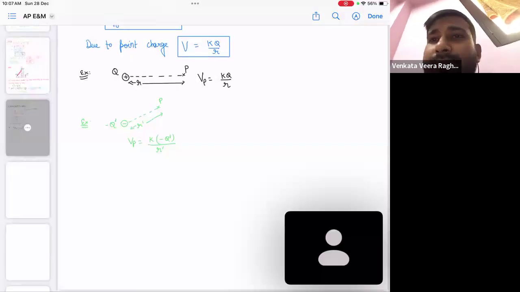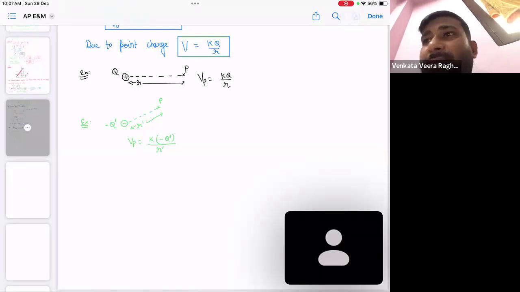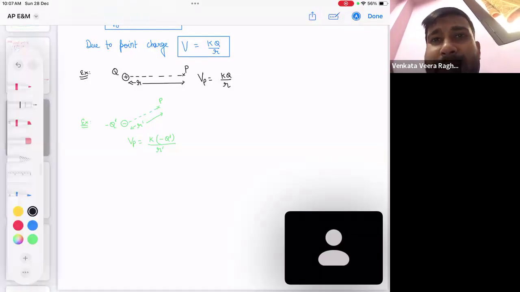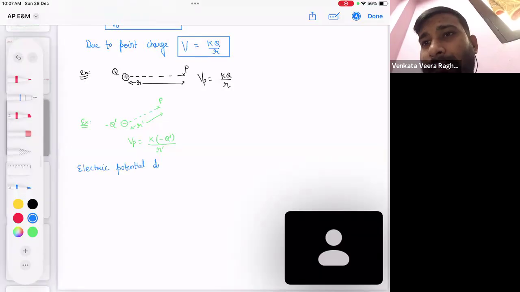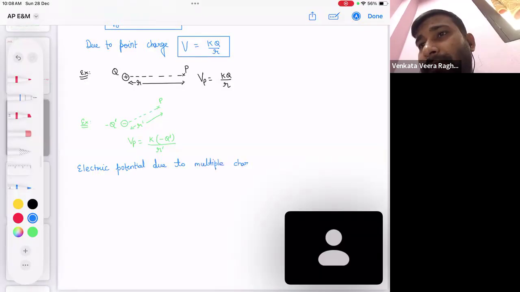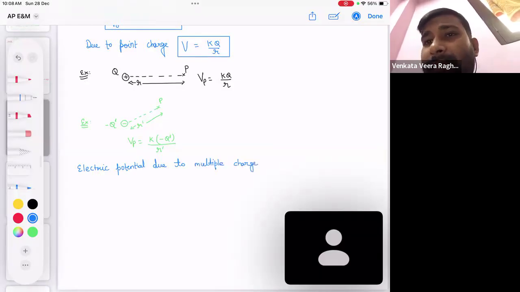Now, not every time will we have to calculate the potential due to a single charged particle. Sometimes we have to calculate electric potential due to a combination of multiple charges.